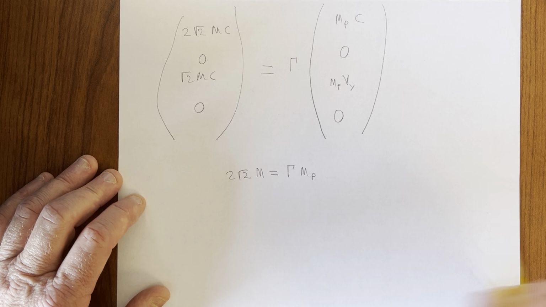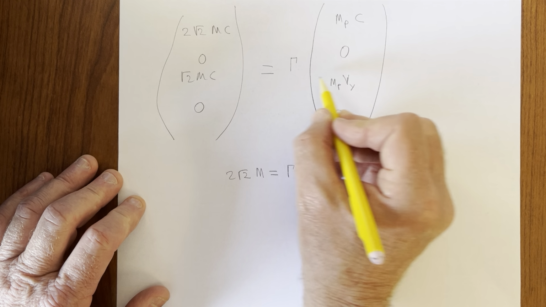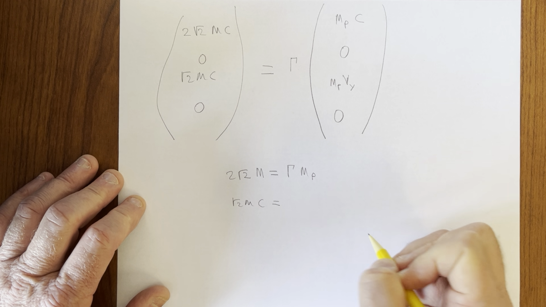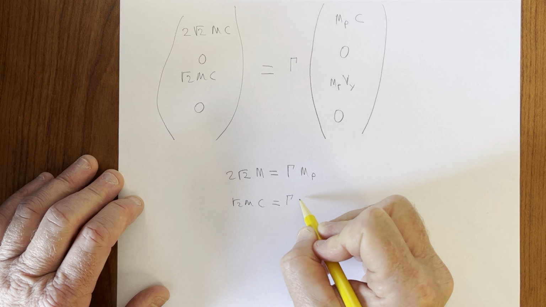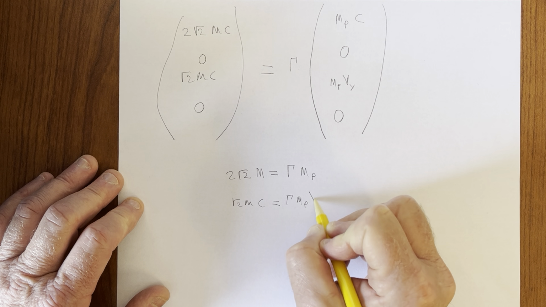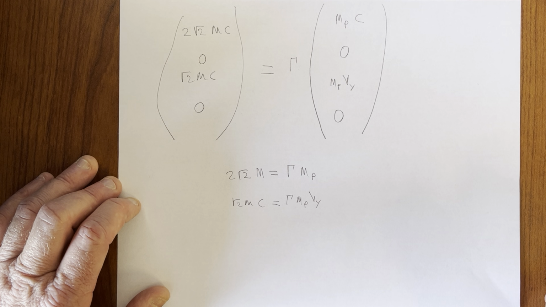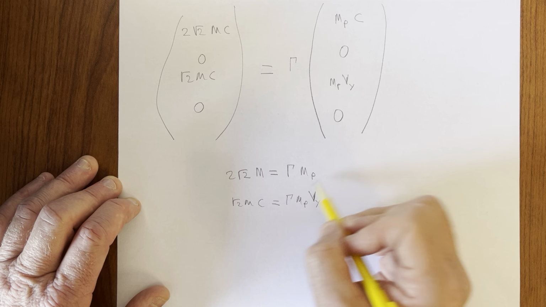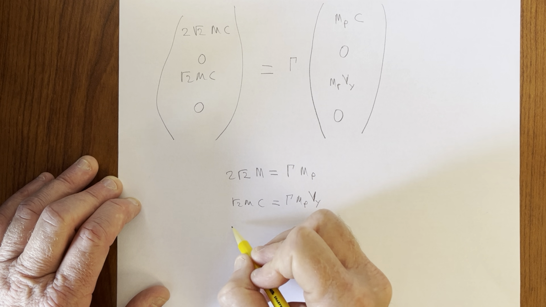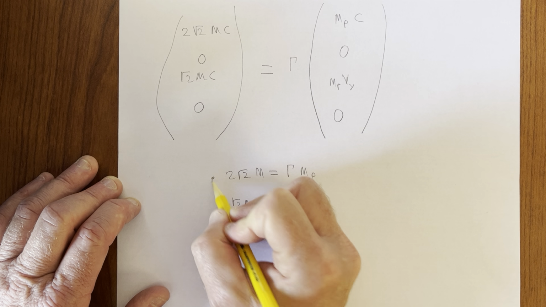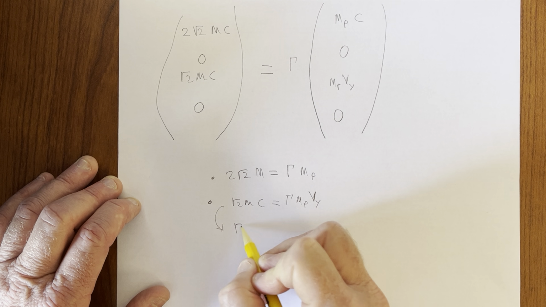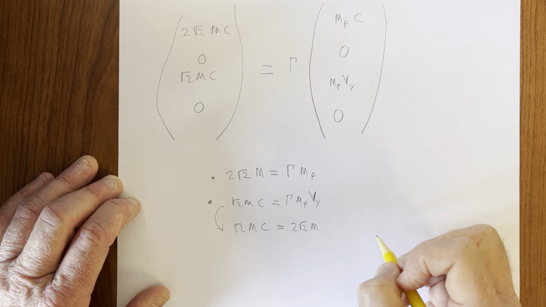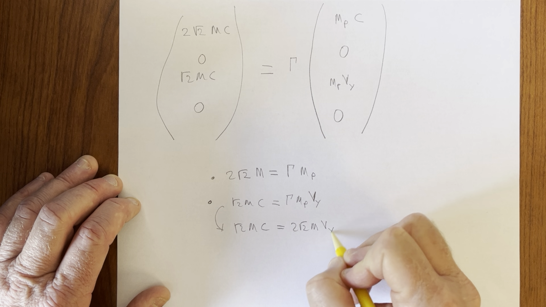And so we go to the second equation, which is the third component here, which says that root 2 mc is equal to gamma Mp Vy. And so we can get the Vy from this. Let's just rewrite this second equation. Here we have root 2 mc is equal to gamma Mp, which is 2 root 2 m, times Vy.